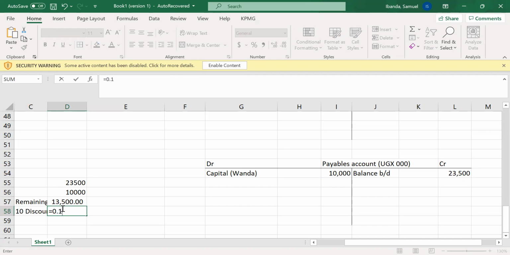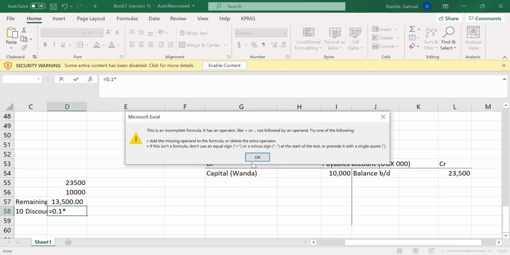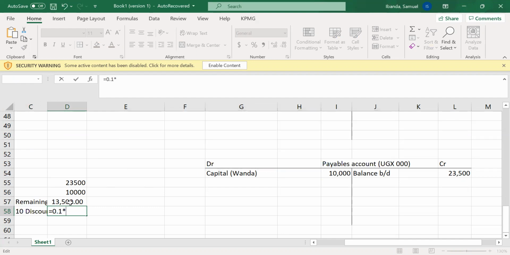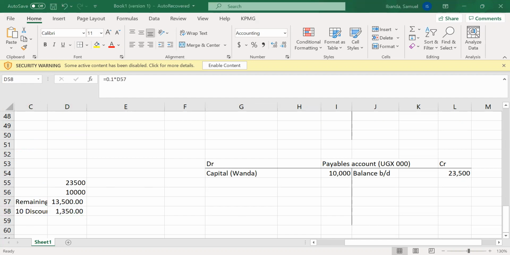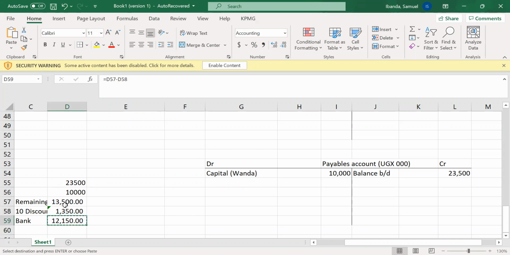So 10% is 0.1 of this. It is that value, 1,350, and the amount paid through bank will be just the 90%, or you can just say this minus the discount, which is 12,150. So this 12,150.